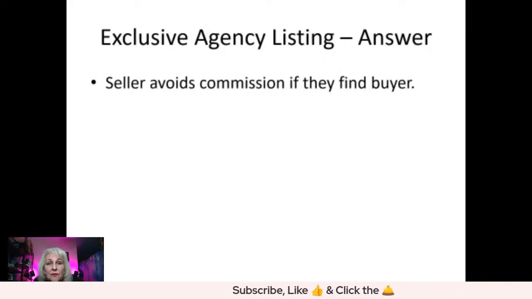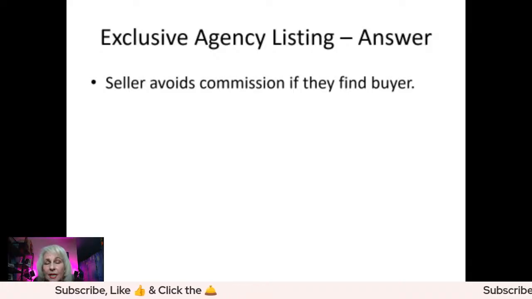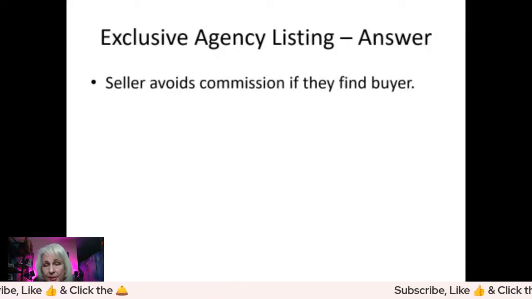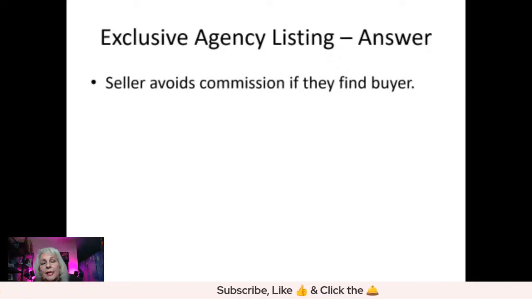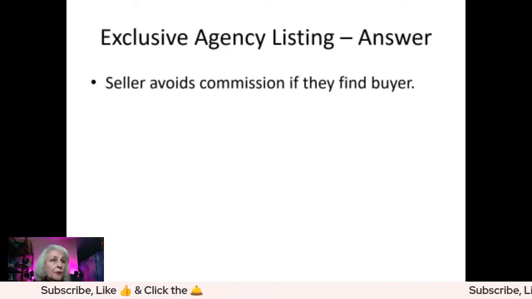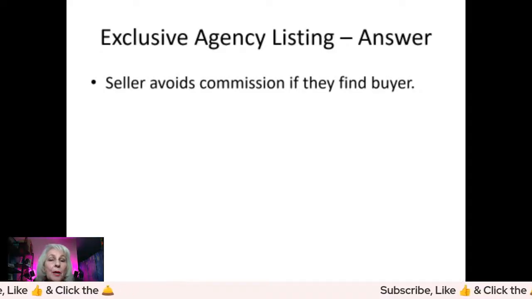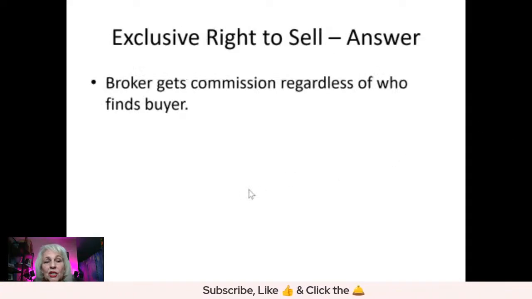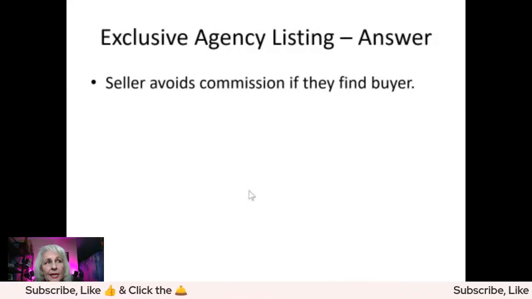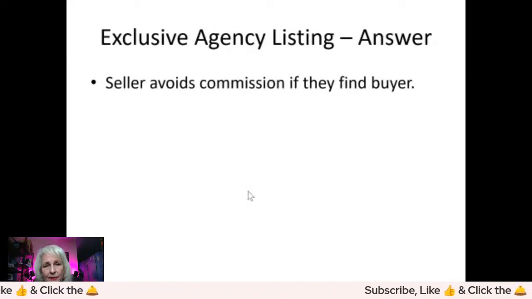A lot of our marketing, because it goes on the MLS and it goes syndicated into tons and hundreds of websites. So they end up getting a lot of marketing without being required to compensate if the buyer goes directly to them. So we want to have an exclusive right to sell versus an exclusive agency.